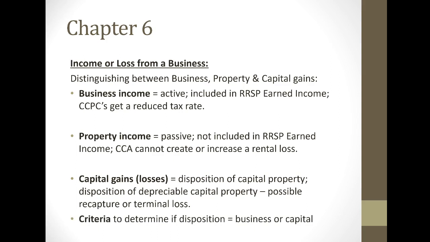When we were talking about the difference between business and capital income, we talked about the fact that if a taxpayer had a loss, they would prefer to treat that as a business loss because that would be 100% deductible, versus a capital loss would only be 50% deductible against taxable capital gains. If there was a gain, the taxpayer would prefer to treat that as a capital gain because only 50% would be taxable.